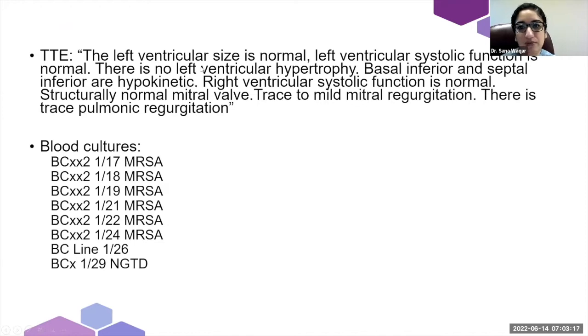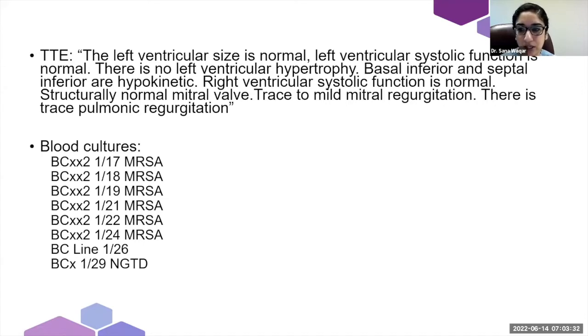There was no left ventricular hypertrophy; basal inferior and septal inferior were hypokinetic. Overall, basically, not too alarming a read on the transthoracic echocardiogram.